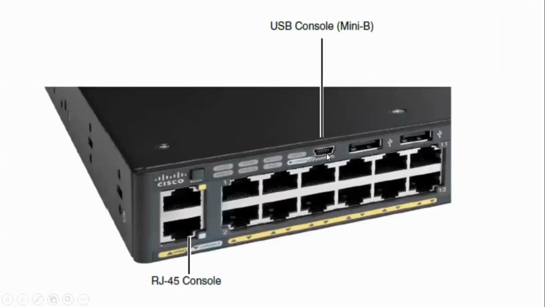This is the picture of a switch. You can see this is an RJ45 console. If you have a serial console cable RJ45, you can connect here. If you have a USB cable, you can connect via this port. You cannot use these USB ports because these are not for the console.